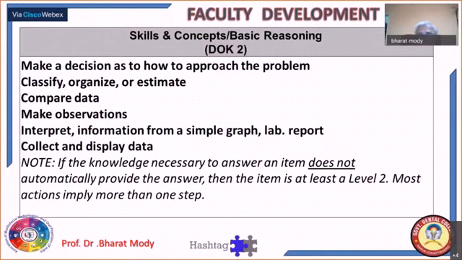By doing it on an opposite tooth, or in the neighboring tooth first, and then going on to the tooth in question. So that needs a little more amount of reasoning, so skills and concept. And for example, suppose you have a lab report coming in. What does the lab report signify? That would be your level 2.